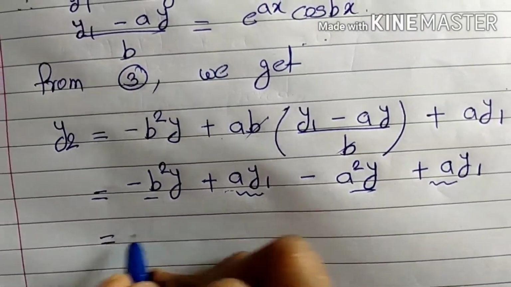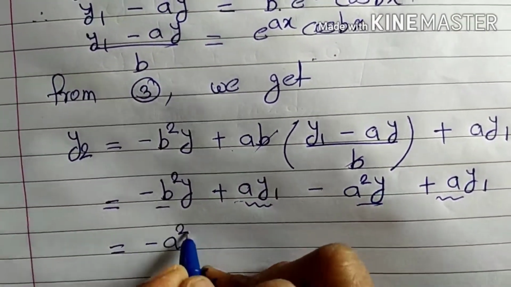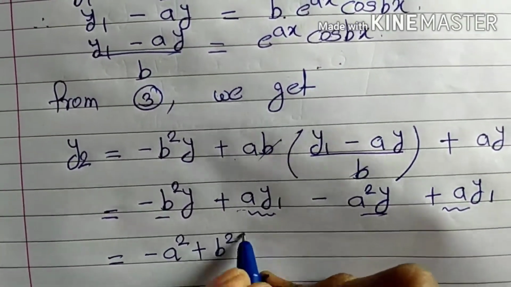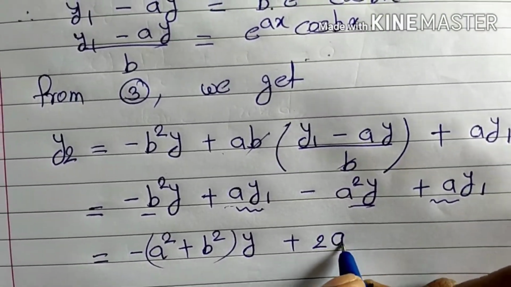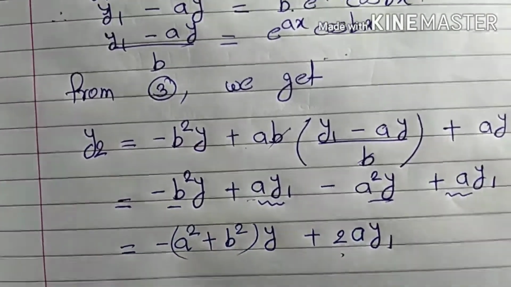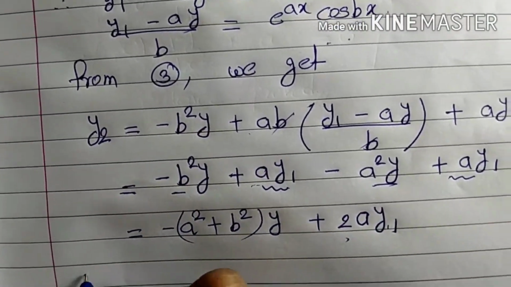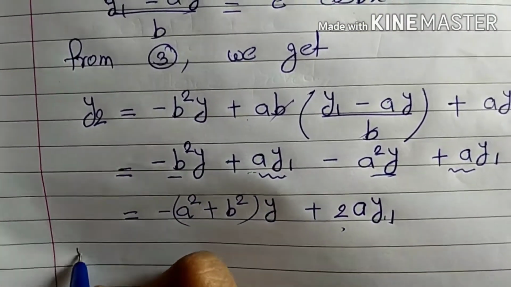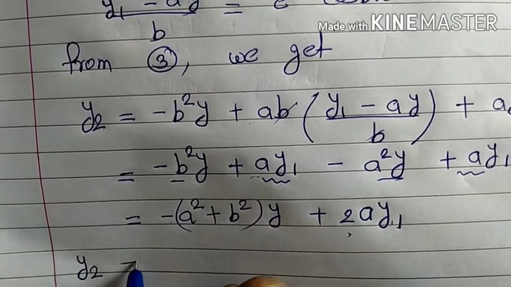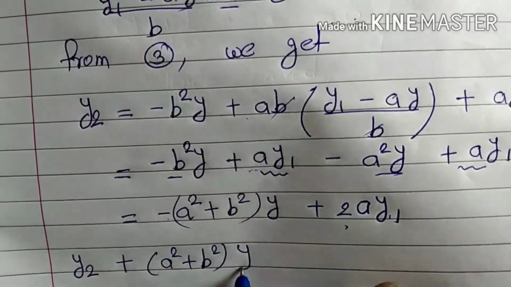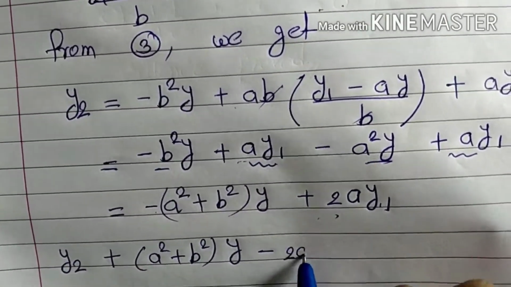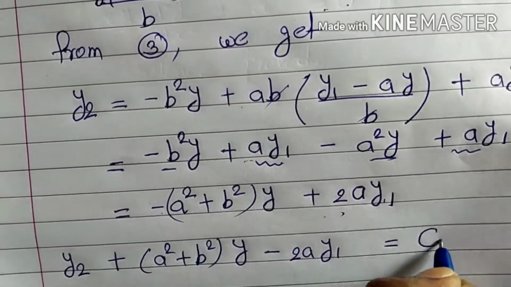So it is like that, minus a square plus b square into y plus 2ay1. Take both the terms on our LHS side, so we get y2, this minus becomes plus a square plus b square y, and this plus becomes minus 2ay1, which is equal to 0.